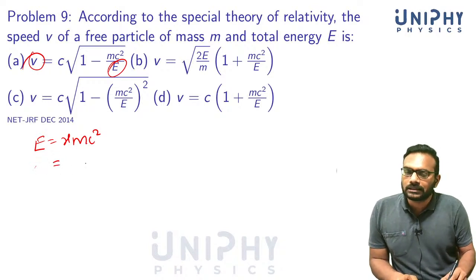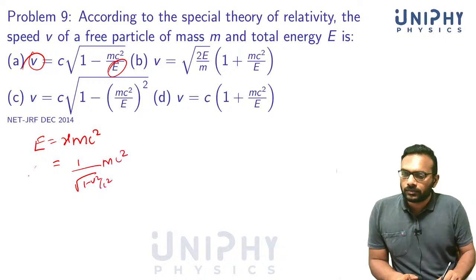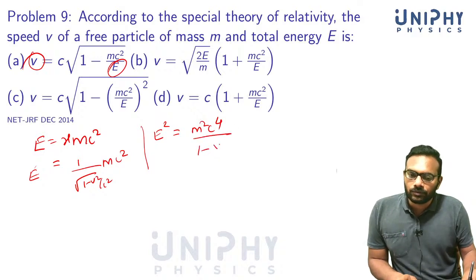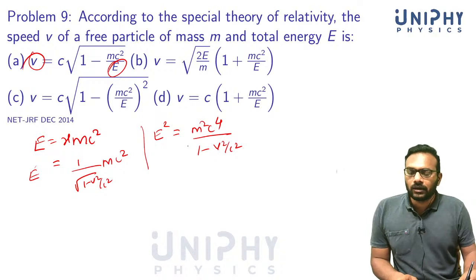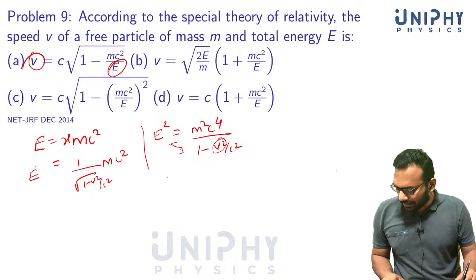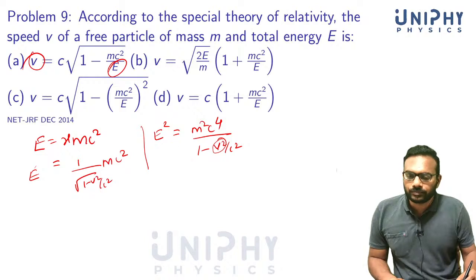Or you see that this is equal to 1 by square root of 1 minus v square by c square, m c square. Square on both sides, E square is equal to m square c raised to 4 divided by 1 minus v square by c square. Now you just cross multiply and solve for v. It's not very difficult, maybe I will do it here.